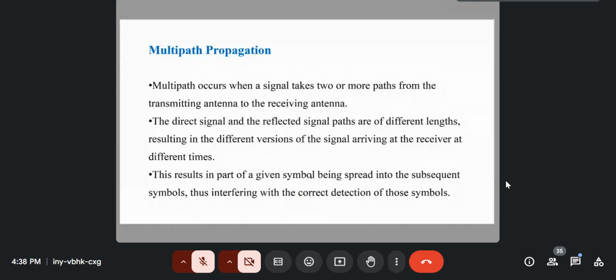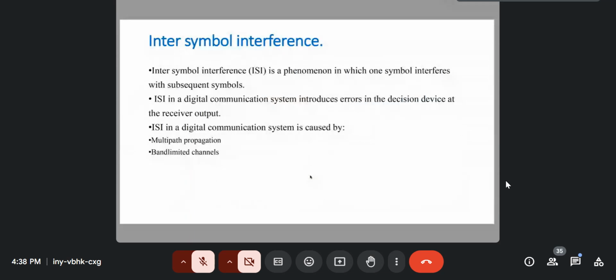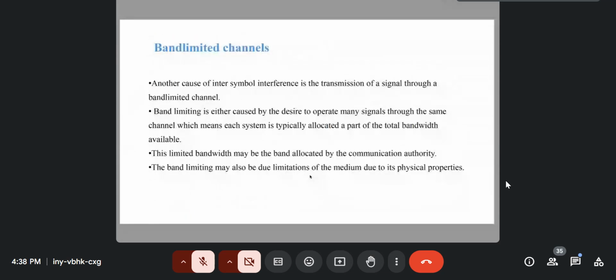So we have seen that that is a cause, and of course, band limiting can mean two things. One is the channel you are allocated by the organization that controls frequencies. Number two, it can also be from the systems you are using.